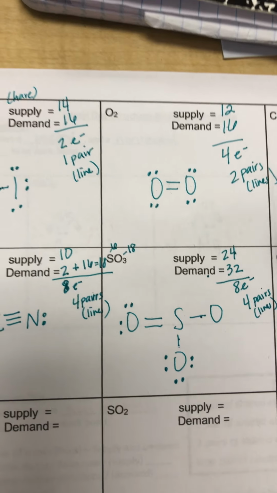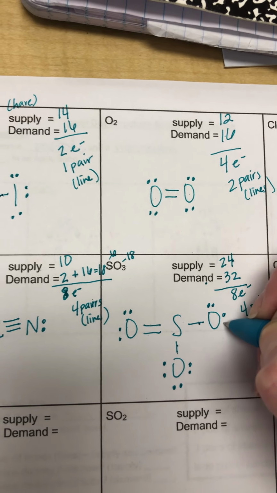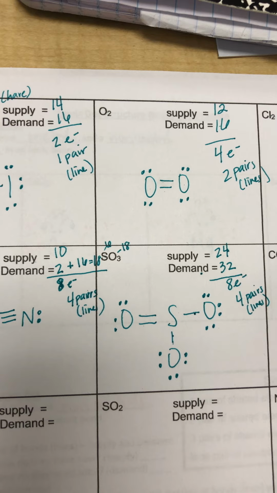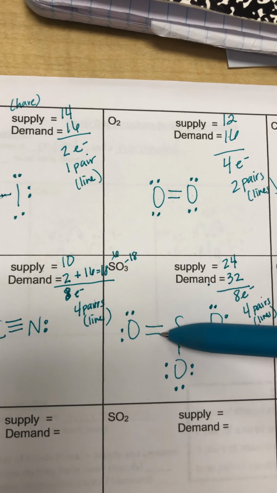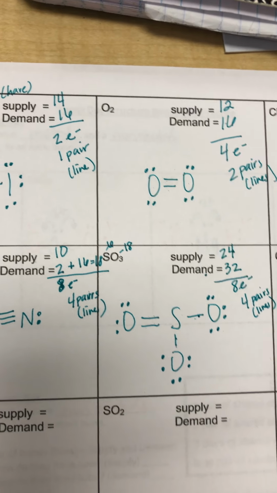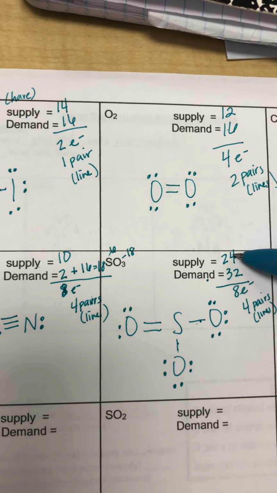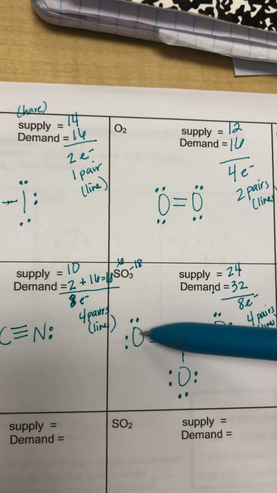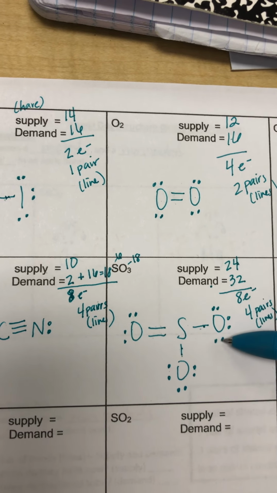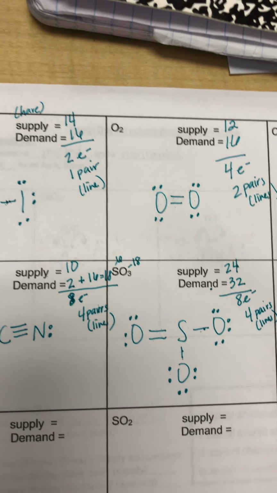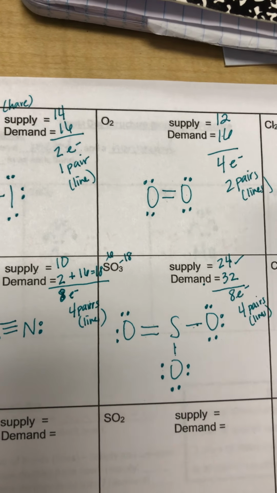This one already has 2, 4, 6, 8. And sulfur already has 8 because of the lines. I just have to double check that my supply is good: 2, 4, 6, 8, 10, 12, 14, 16, 18, 20, 22, 24. So my supply checks off.